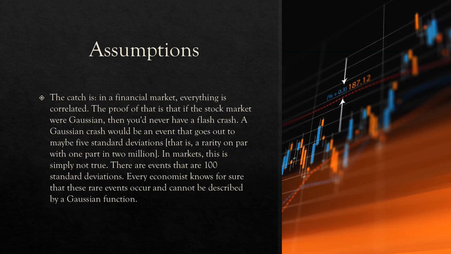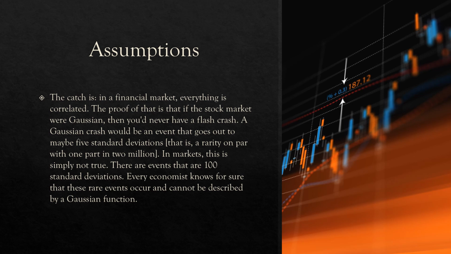Now, the catch is, in the financial market, everything is correlated. The proof of that is that if the stock market were Gaussian, then you'd never have a flash crash, which we've witnessed just recently after the Fed raised rates: we saw the market crash 1,000 points, come back up 1,000 points, and then crash again the next day.